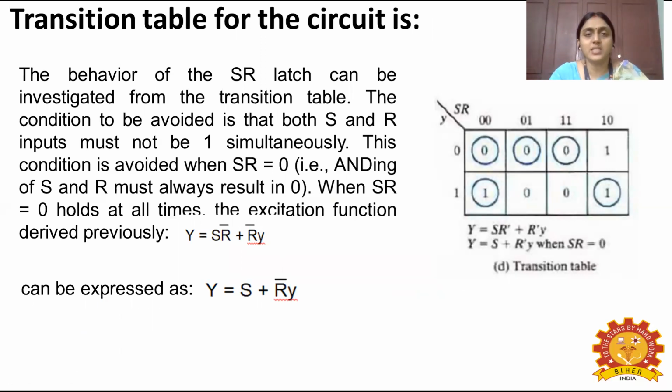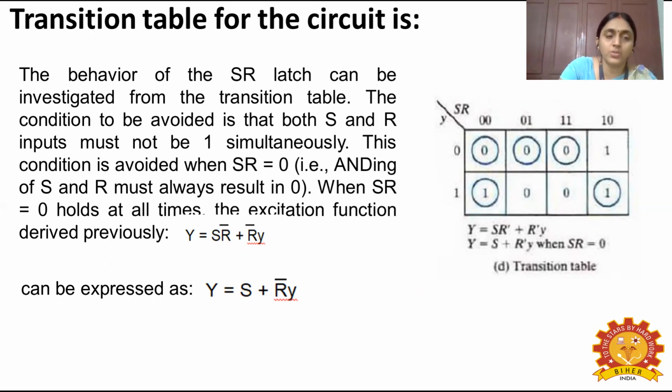And now we will see the transition table for the above given circuit. The behavior of the SR latch can be investigated from the transition table, and the condition to be avoided here is that both S and R inputs must not be 1 simultaneously. This condition is avoided when SR is equal to 0, that is, the AND of S and R must always result in 0.